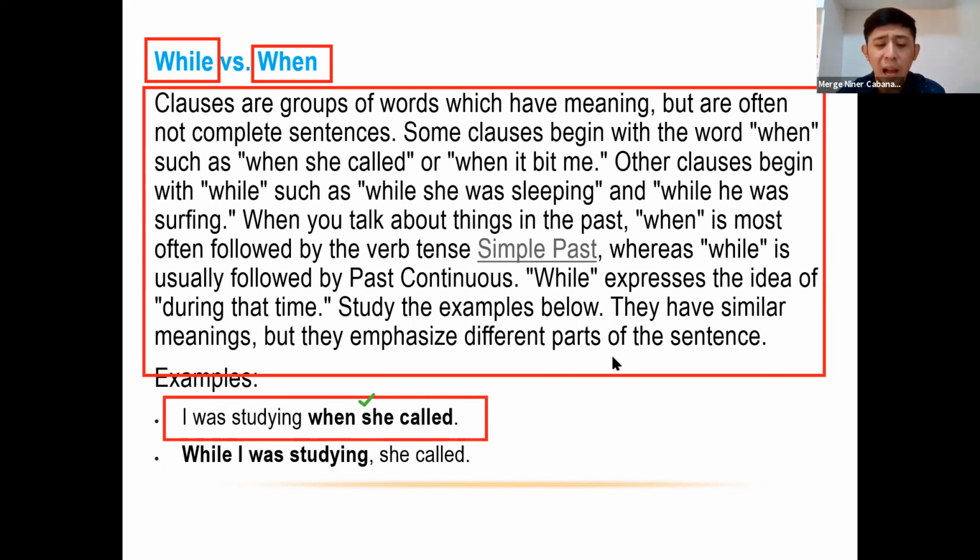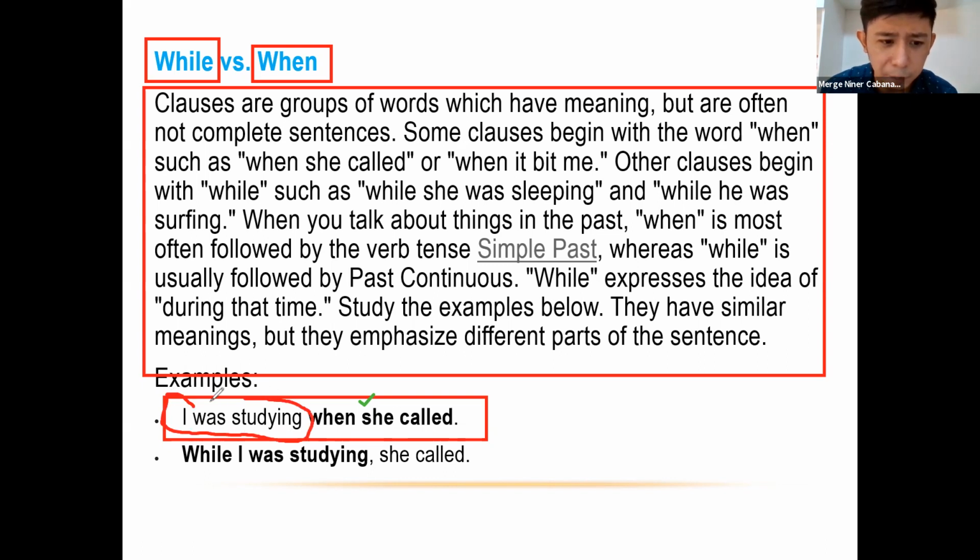When I say "I was studying when she called," where do I put the "when"? In the past simple. Napakasimple. "While I was studying, she called." So saan ko ilalagay yung "while"? Doon sa past continuous. Take a look. Let me clarify this even further. Okay, so I have two phrases here. "I was studying," this is in the past continuous.